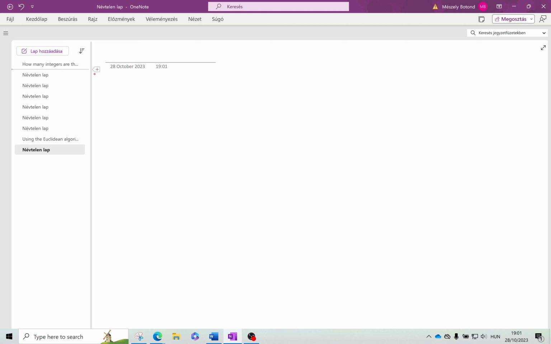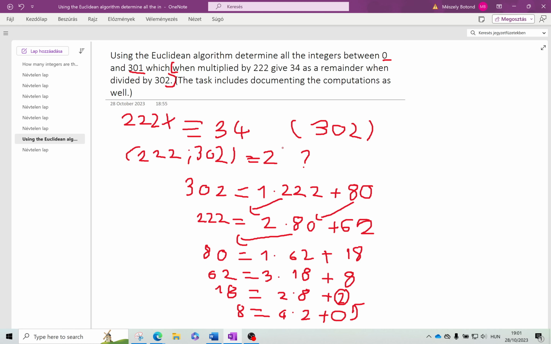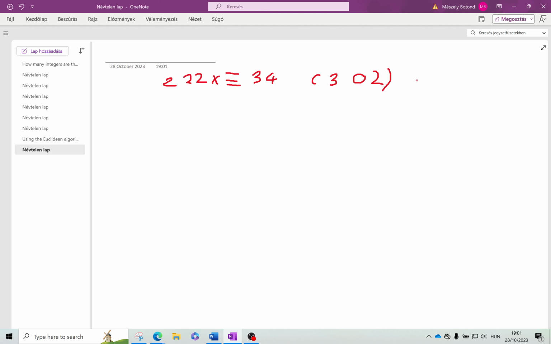All right, we got the largest common divisor, so 222 x congruent 34 modulo 302. And with this largest common divisor, we have to divide the whole equation with it.